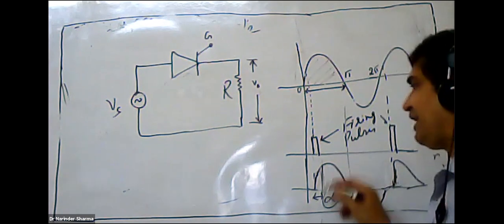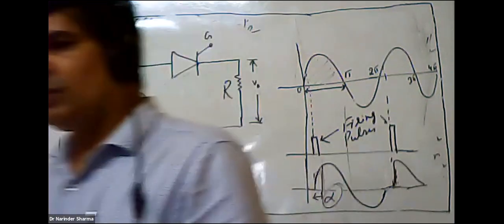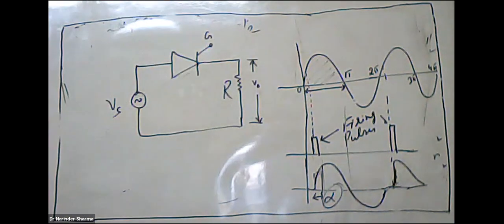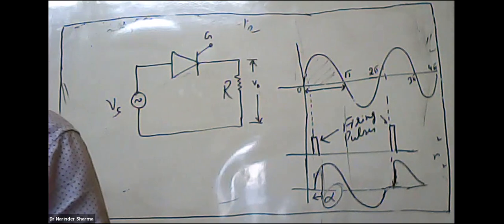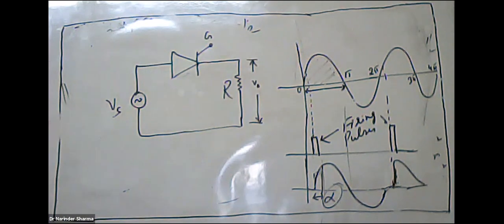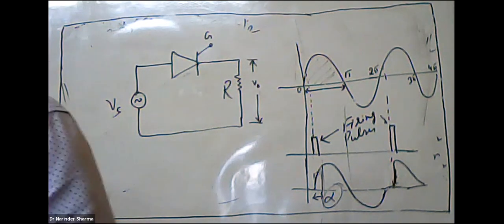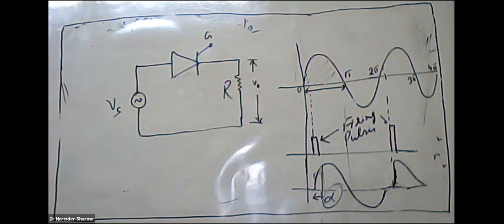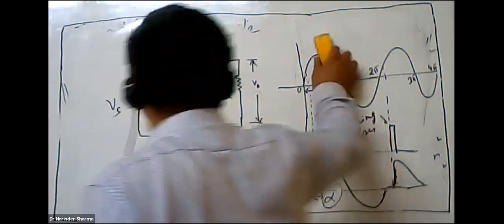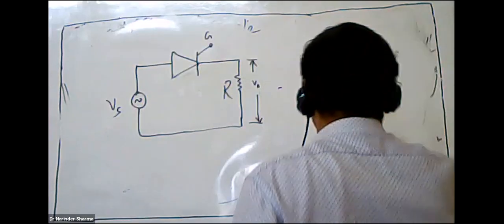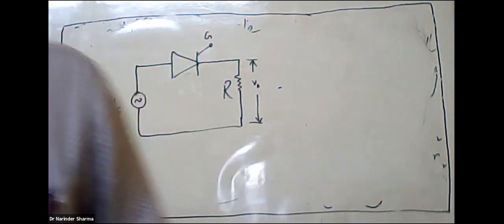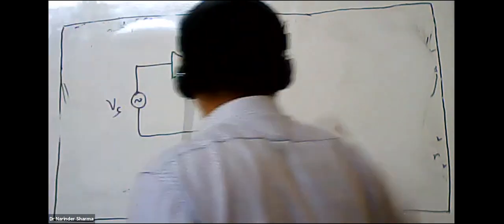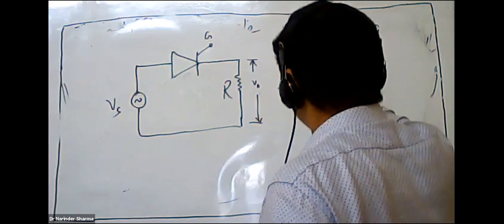The current through the SCR becomes zero, as the load is resistive in nature. So we can broadly say that the firing angle is the angle after which the SCR starts conducting.